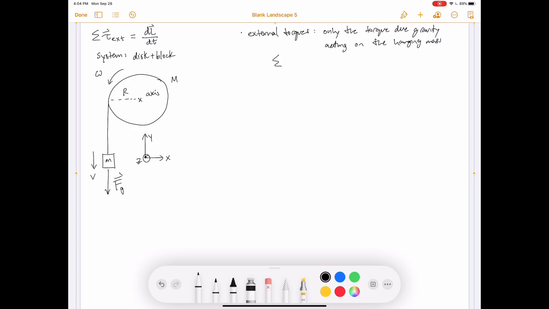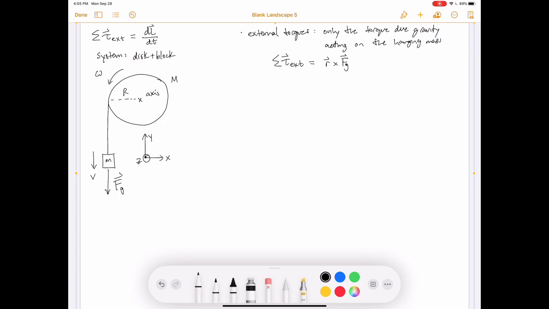Now remember, if we only have one torque to think about, torque is given by r cross F, so we have r cross Fg. And by the way, this is the only torque because we have no friction or anything else that would cause the disk to start rotating.